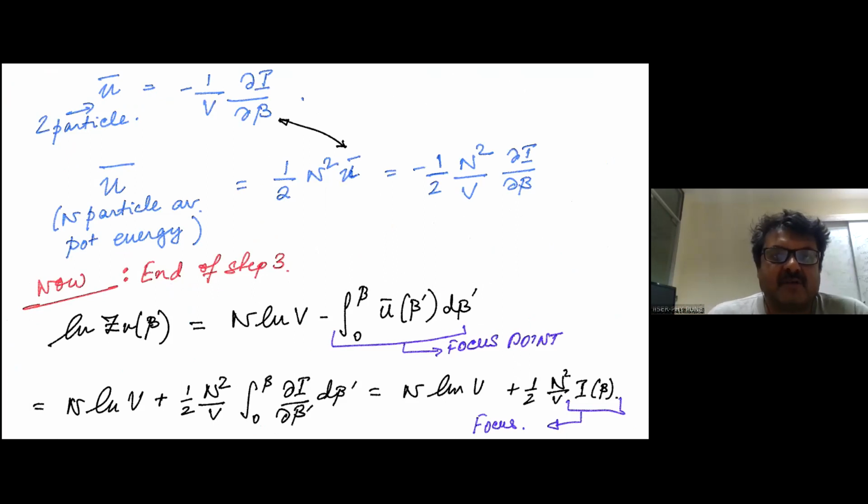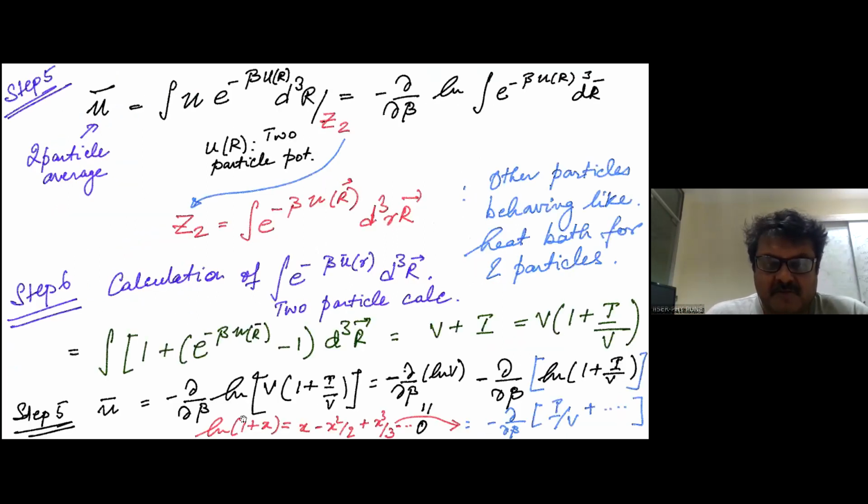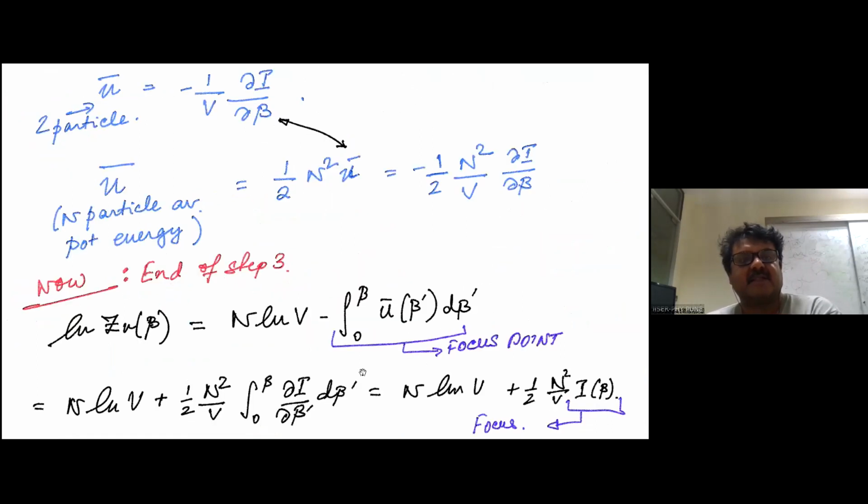So next, our focus is, U bar, after doing all of this, can be written as, because we separated out this and this became 0, then we took ln 1 plus x with the Taylor expansion, keeping the first term only. The average energy between two particles can be written as minus 1 by V del I del beta.